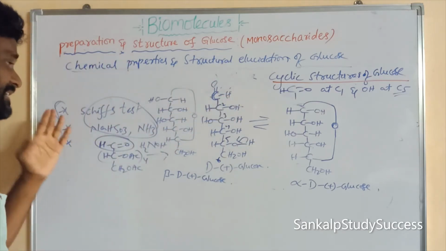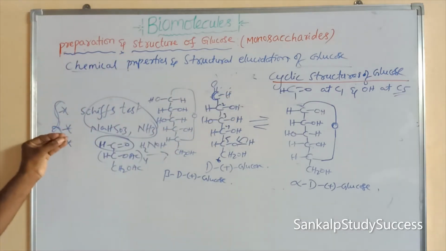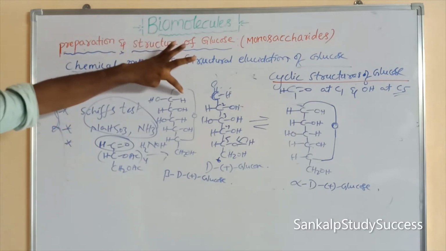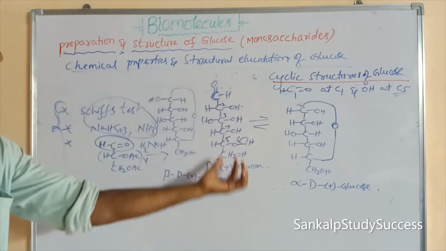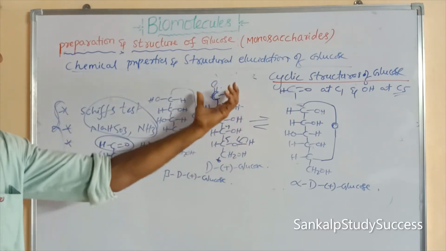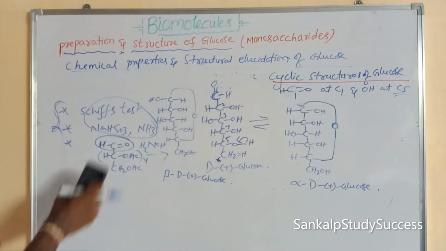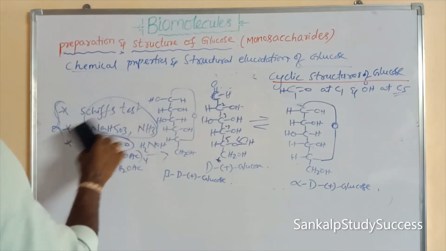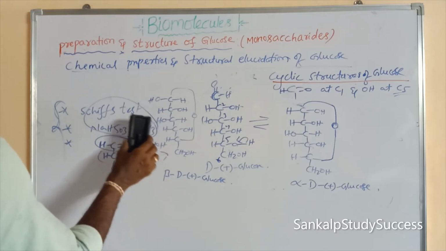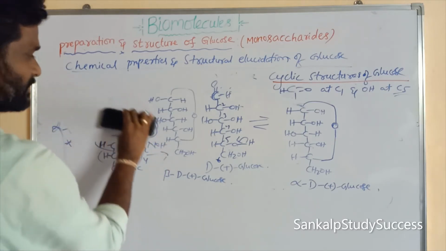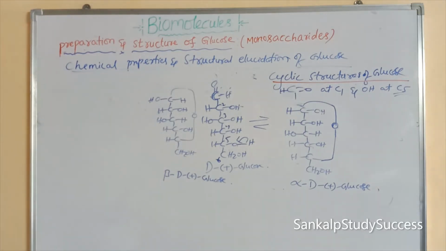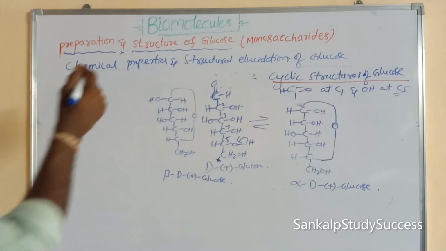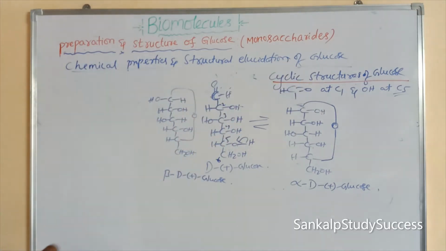But these weak reagents cannot break the cyclic structure and cannot give the free aldehyde glucose, that means the open chain structure of glucose. So reagents like Schiff's reagent, sodium bisulfite and NH3 cannot give a test with glucose, right. So these are the cyclic structures of glucose.